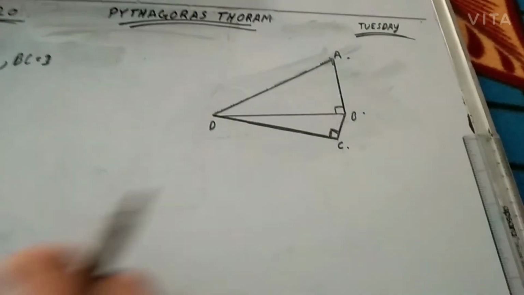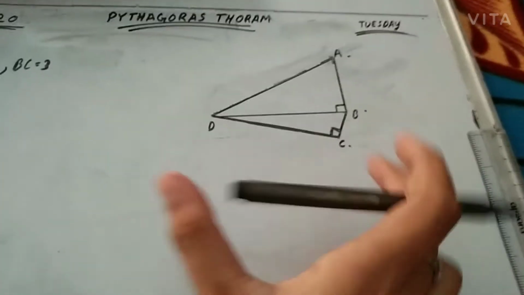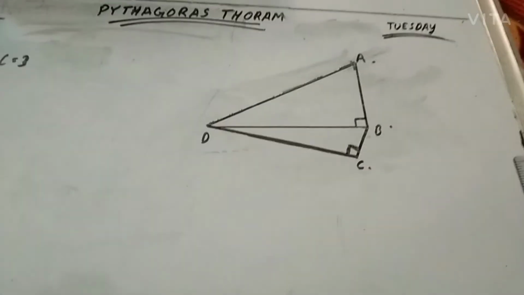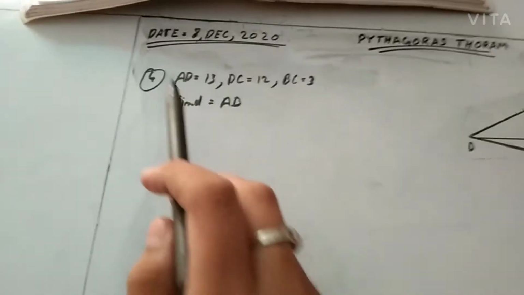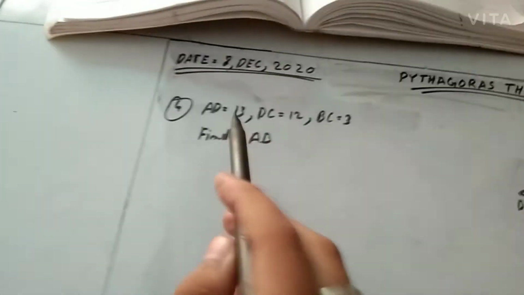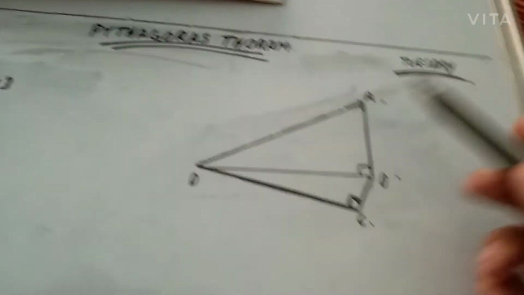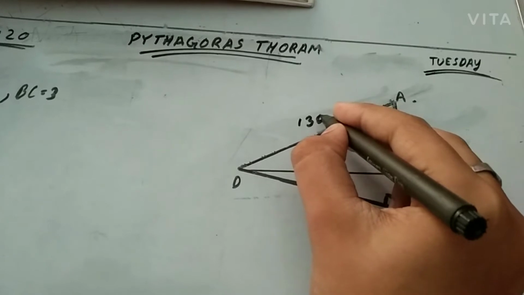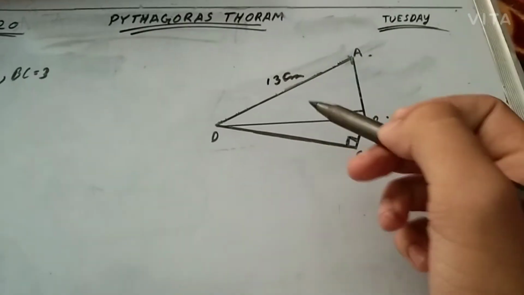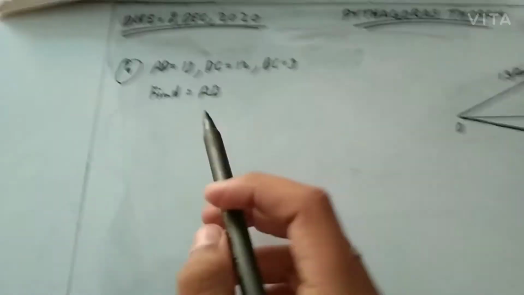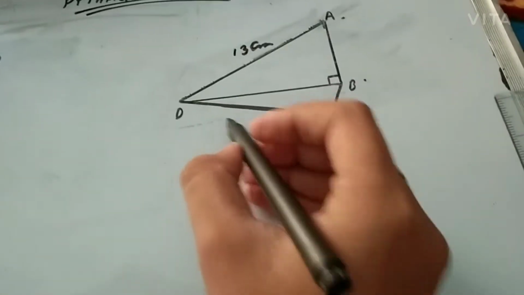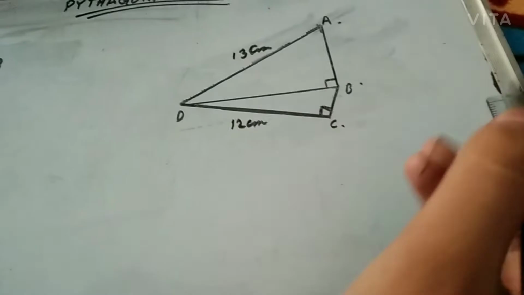So friends, today we are going to solve this equation by applying the formula of Pythagoras. So let us see the question. According to this question, AD, this line, is 13 centimeters, and DC, the length of this line, is 12 centimeters.